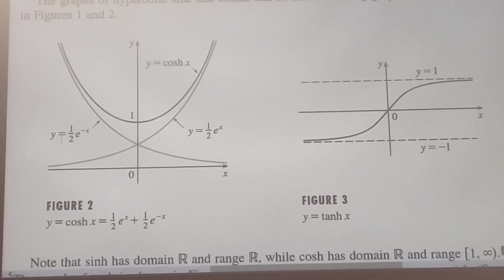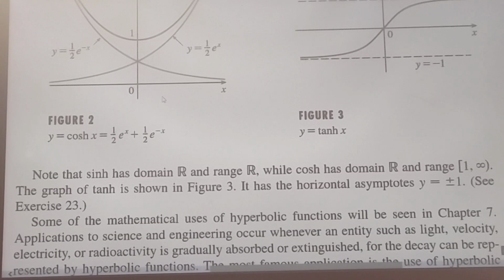So we are adding this graph plus that graph to obtain a hyperbolic graph. So we must know the sketch of a tanh graph, and also the sketch of the cosh x graph. All right, we are moving on.